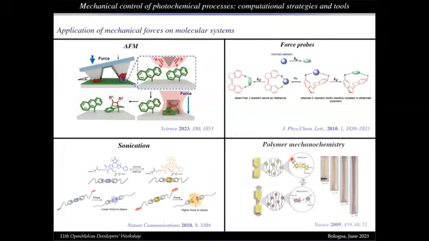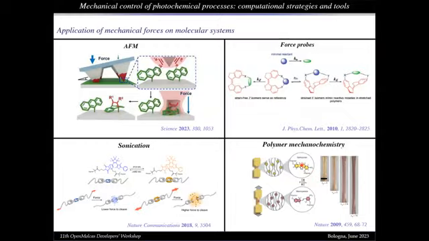And finally, another usual way to introduce the forces on these systems is using polymer mechanochemistry. In this case, the mechanophore is embedded in the polymer chain, and if we apply some macroscopic force, it's possible to induce a chemical reaction.